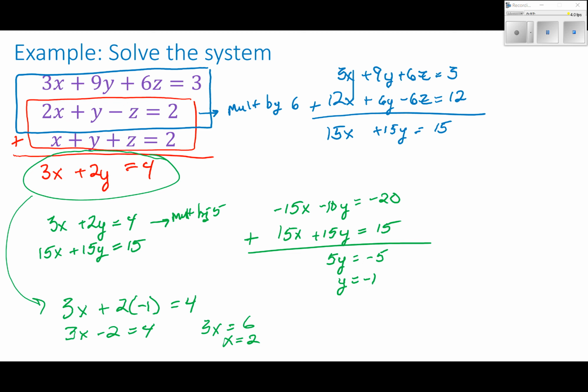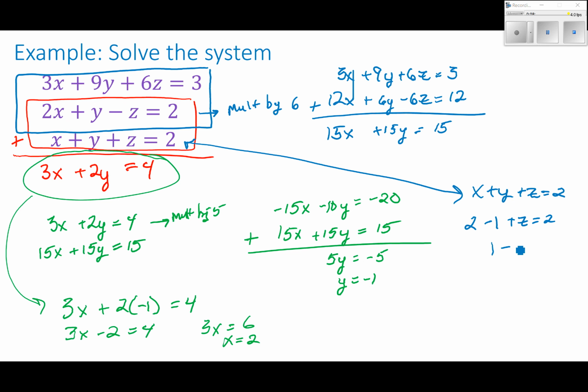Now I need to figure out my z value. Well, let's go from this one right here. Sorry for all the mess. So x plus y plus z equals 2. I know x is 2. I know y is negative 1, plus z equals 2.